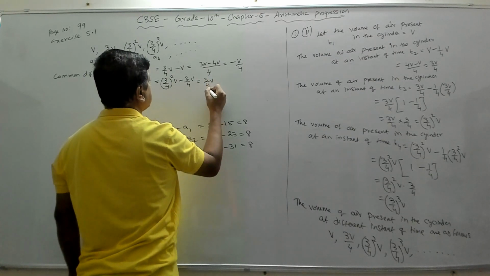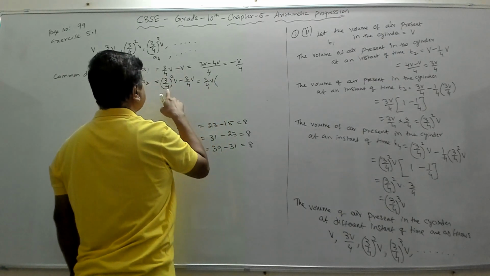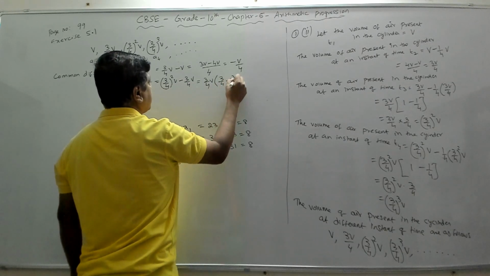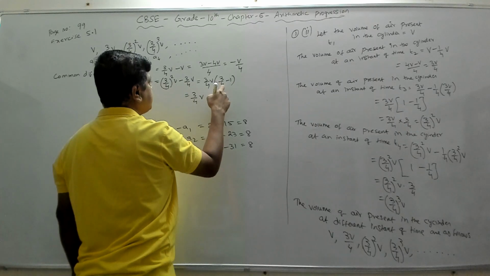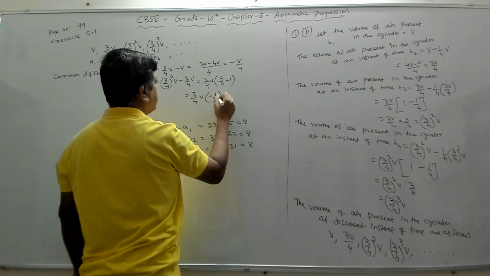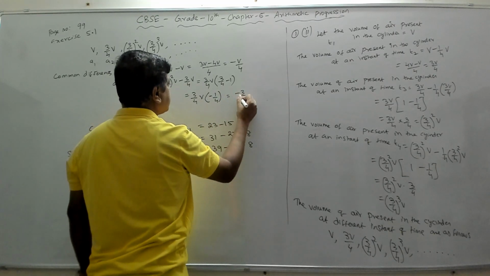V is common. Right? Then if I take 3 by 4V common, I'll get 3 by 4 minus 1. So that will give you 3 by 4V into 3 by 4 minus 1, which will give minus 1 by 4. So we get minus 3 by 4 4s are 16 V.